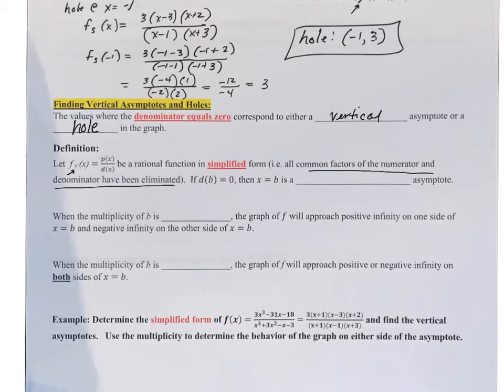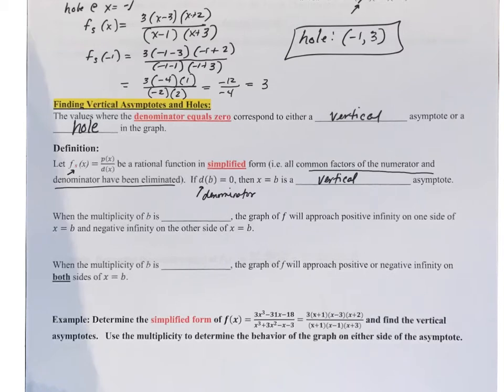Then if D of b equals 0, where D of b just means the denominator, so if the denominator equals 0, then x equals b is going to be a vertical asymptote. Whatever values cause the denominator to go to 0, I can't divide by 0, so that's where the graph is undefined, and that is a vertical asymptote.